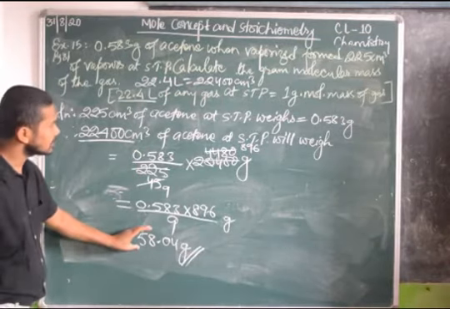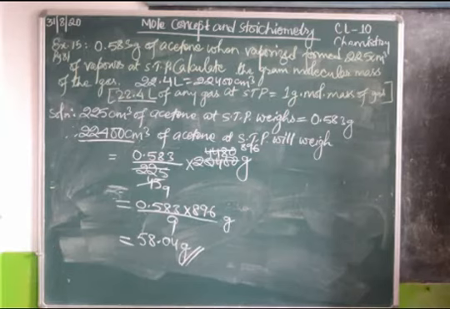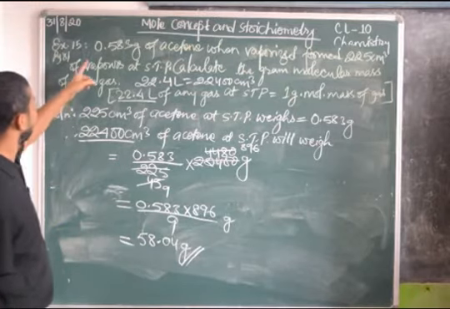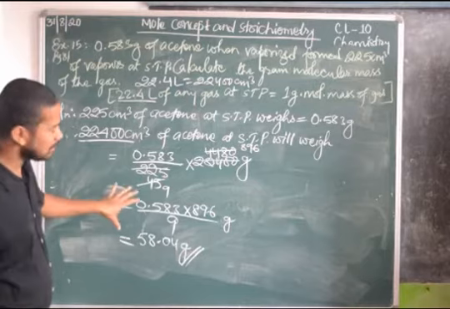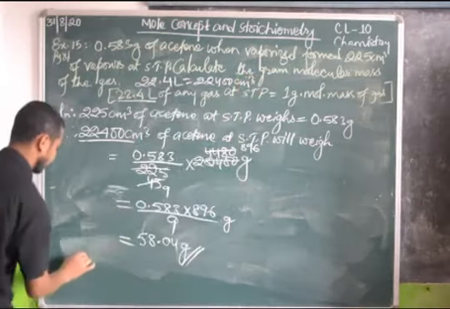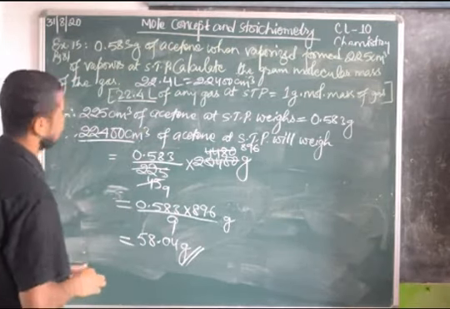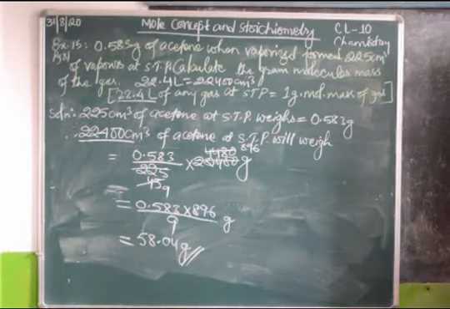That means this is the gram molecular mass of acetone. Therefore, the gram molecular mass of the gas is 58.04 gram.